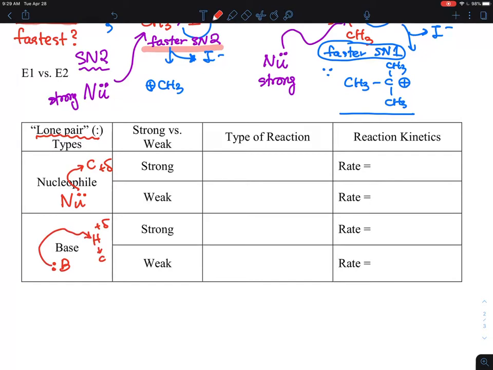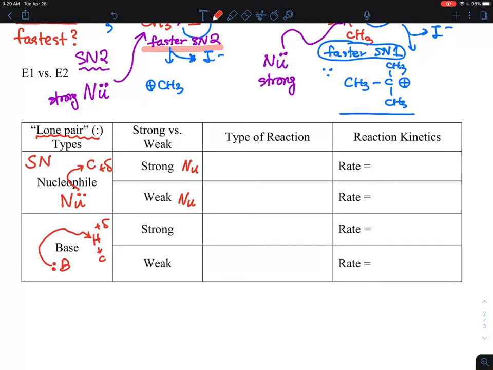But what about a strong nucleophile versus a weak nucleophile? By the definition of nucleophile, we are talking about a nucleophilic substitution reaction.